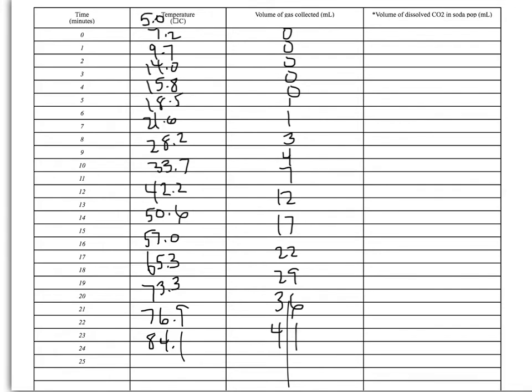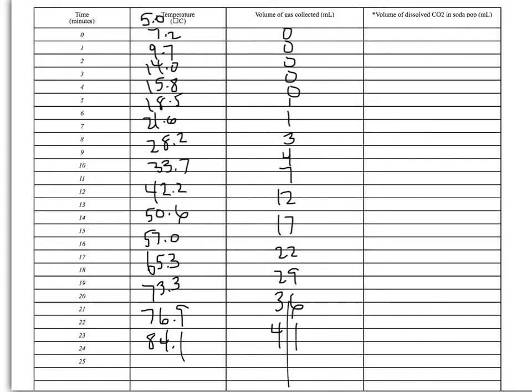And then for this last column over here, the volume of dissolved CO2 in the soda pop, all you essentially do is take the biggest number. Like I said, if you got good data, use your data, but this is just some miscellaneous data that'll work.